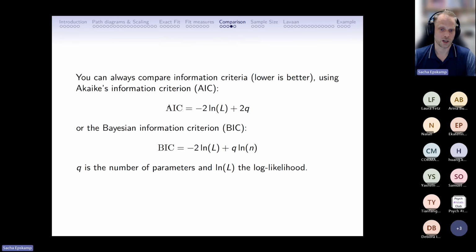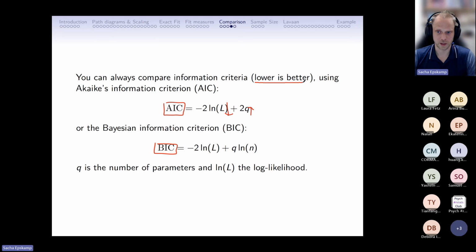Another thing we can do, and you can do this for non-nested models as well, is look at the difference between the AIC and the BIC. Basically, both are measures of the fit of the model, the likelihood, with some penalty for model complexity. Meaning that, okay, you want a model that fits better, so this should be lower, but I'm also adding parameters, which increases this, so that balances these two things.